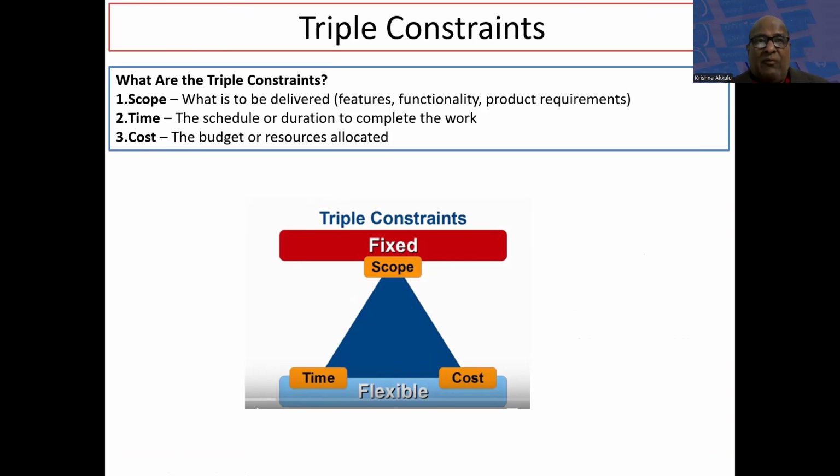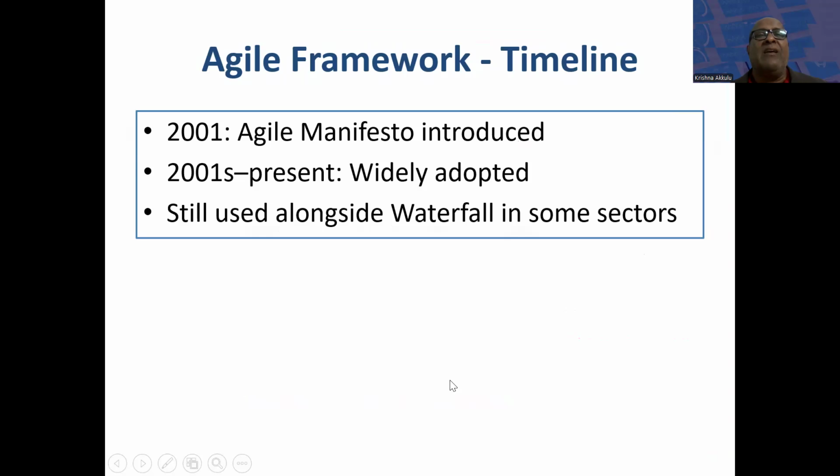Then what will happen? The 12-month schedule may increase by 2 more months, or 4 more months, 5 more months. That means the 100 items are to be delivered, but the time is short, so the time is increased. And when the time increases, automatically the cost increases. So in waterfall, the scope is fixed and the time can be flexible, and once the time is flexible, automatically the cost is flexible. The cost is going to increase, right?